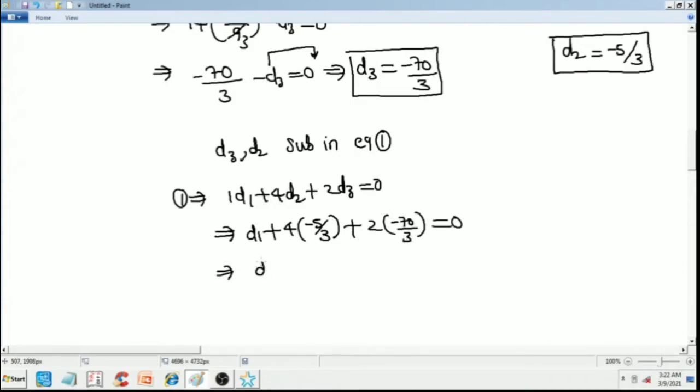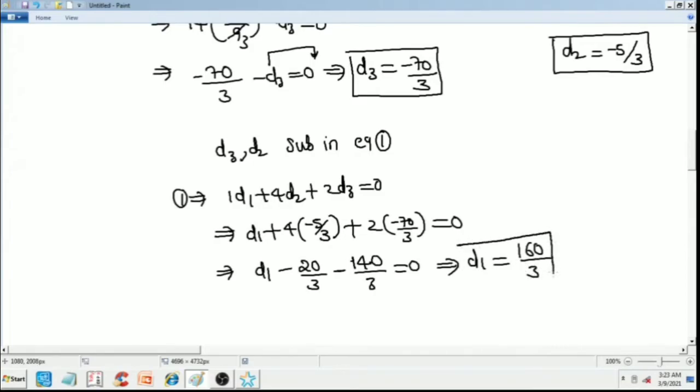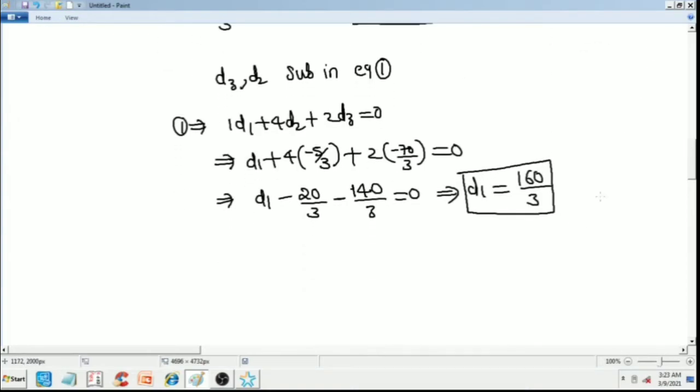So better to solve here: d1 minus 20 by 3 minus 140 by 3 is equal to 0. Send these terms to the right hand side: d1 is equal to 20 plus 140 is 160 by 3. So d1 is equal to 160 by 3. That's all. Hence we got the d vector.